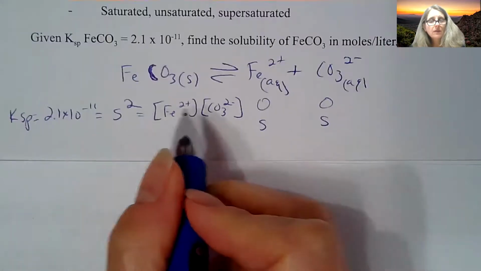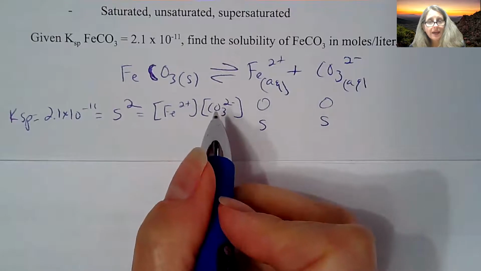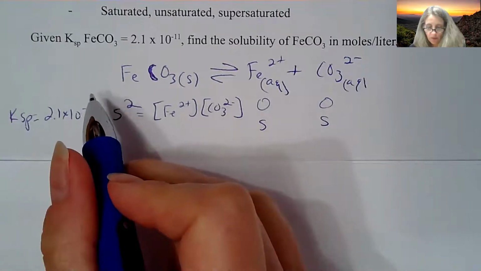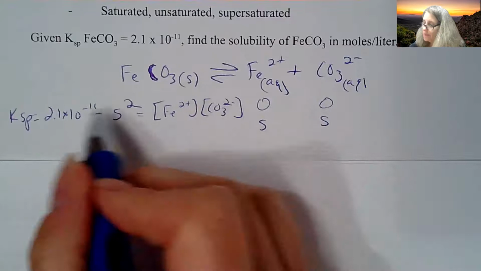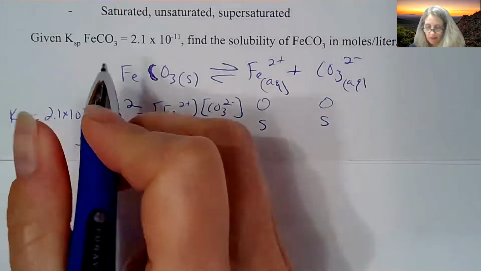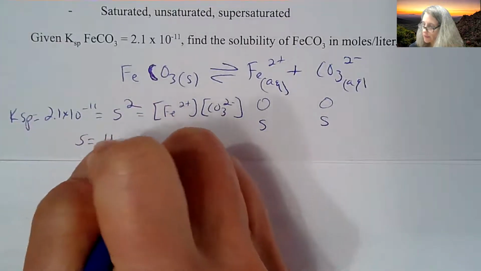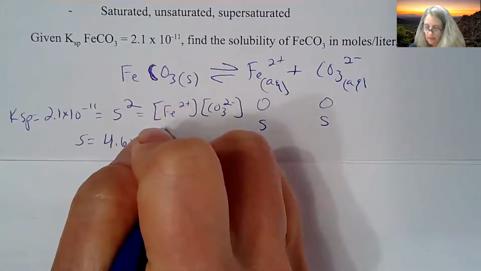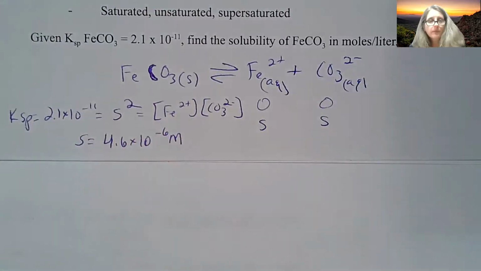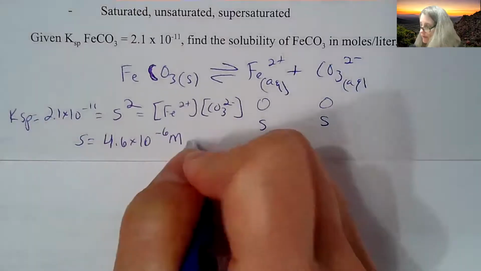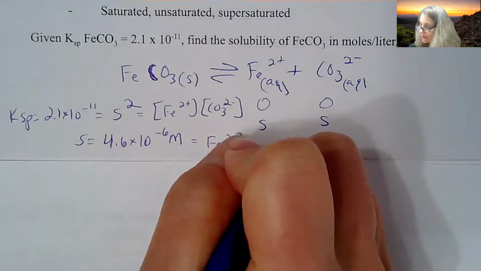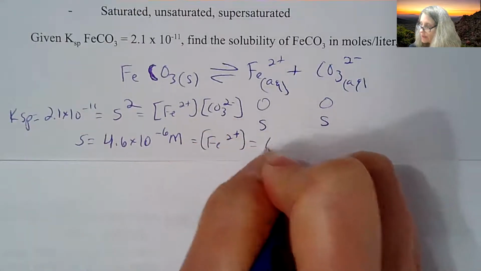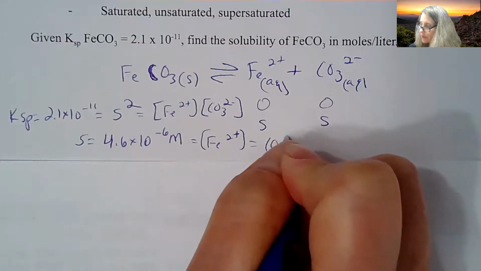Okay, so that's going to be the product of S times S. So if I take the square root of this number, my S is going to be 4.6 times 10 to the negative 6 molarity. Well, what's that the concentration of? Well, it's the concentration of the iron, and it's also the concentration of the carbonate.